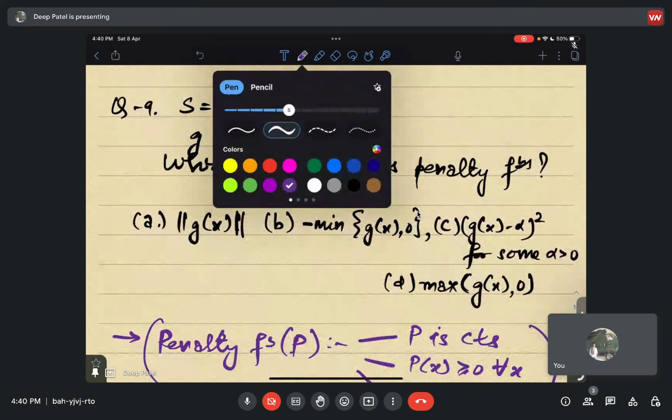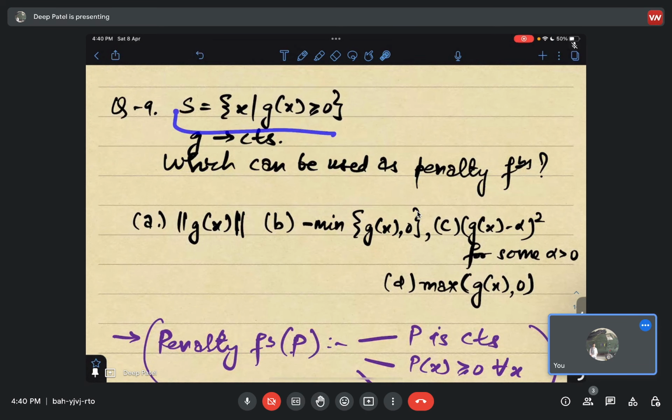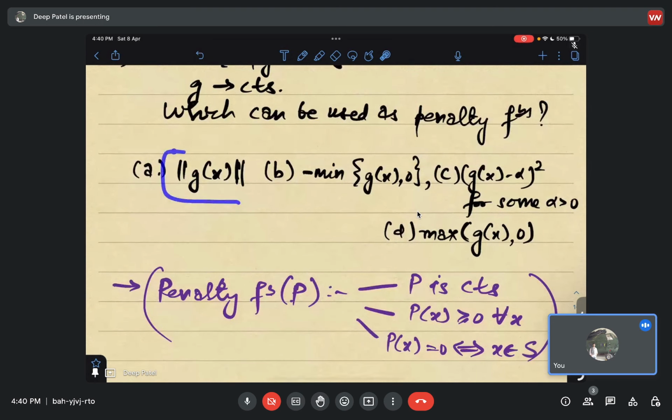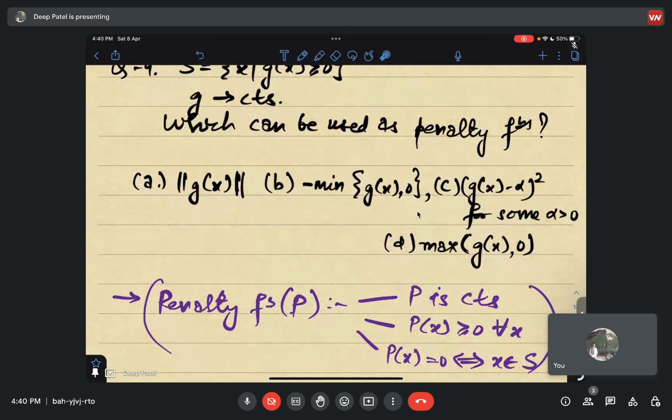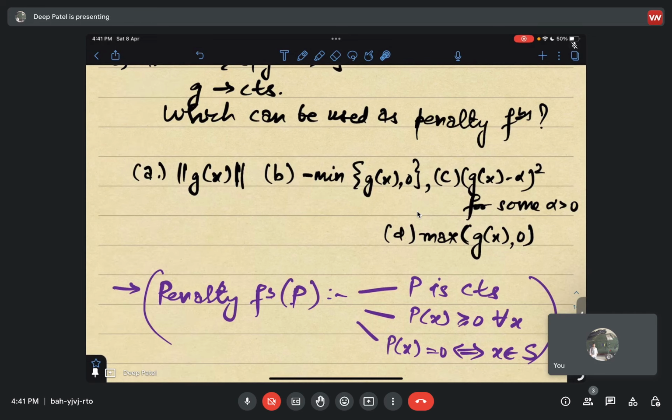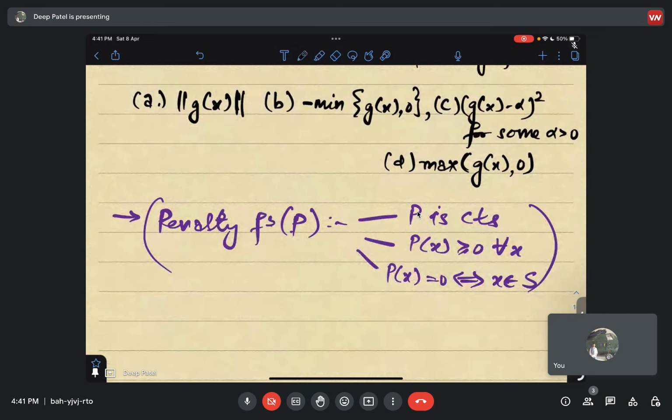So what is our constraint? g(x) greater than or equal to 0. Does option A make sense, the norm of g(x)? Norms are continuous, and it is greater than or equal to 0.